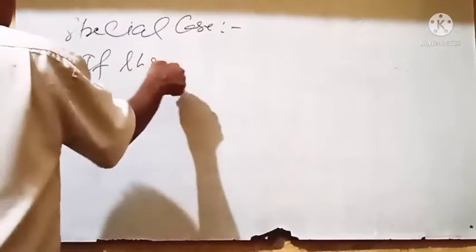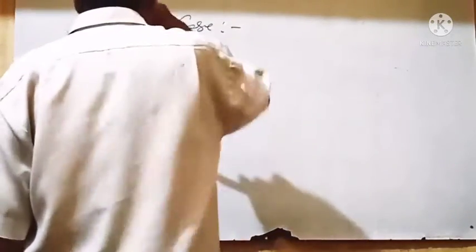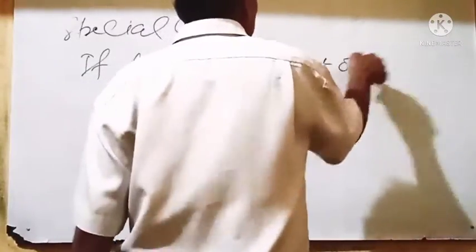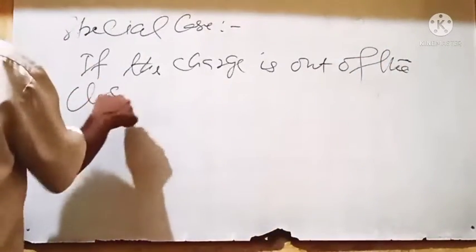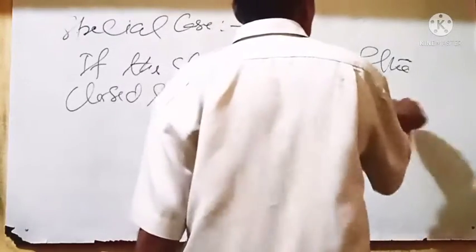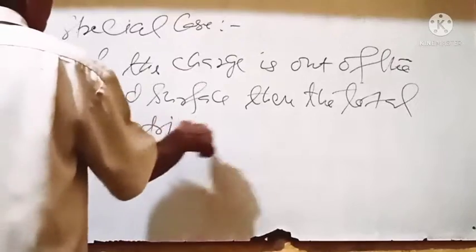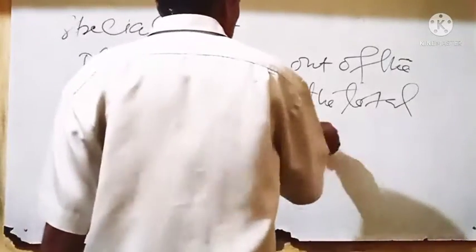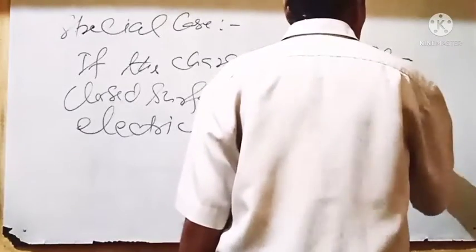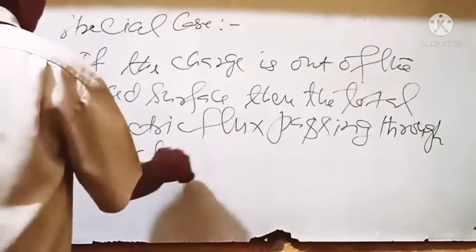If the charge is out of the closed surface, then the total electric flux passing through the closed surface is equal to 0.